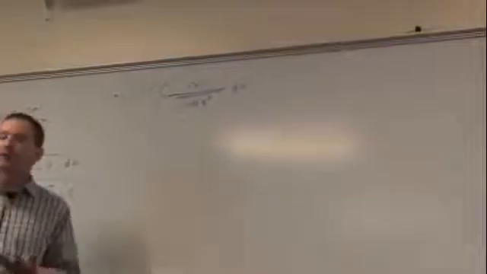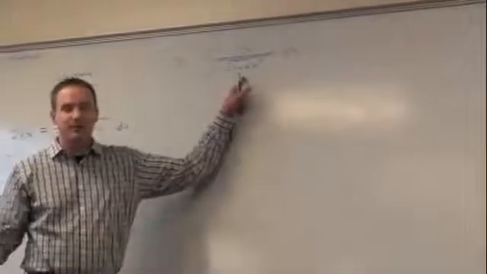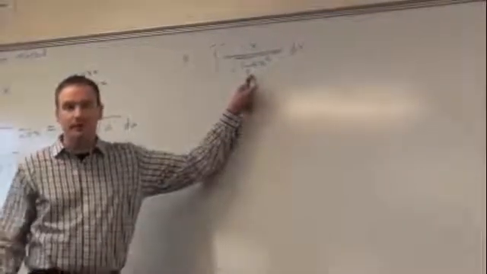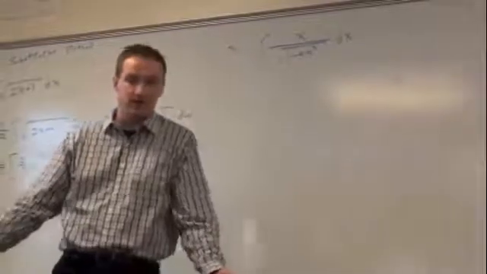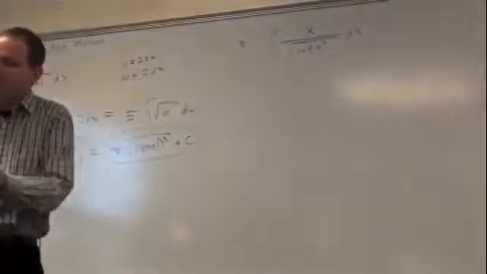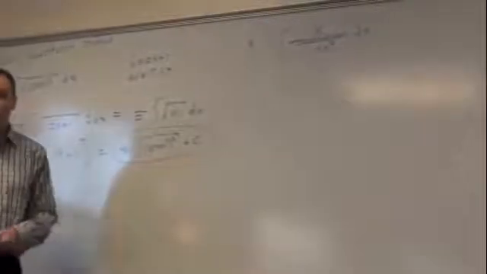The problem I always have with Calc 2 is I remember so much about derivatives, and as soon as I see the square root of something minus x squared in the denominator, I'm thinking, oh, it's an inverse sine function, because the derivative of inverse sine is 1 over the square root of 1 minus x squared. So I'm thinking this is some version of inverse sine. It's not. And we need to show that it's not.